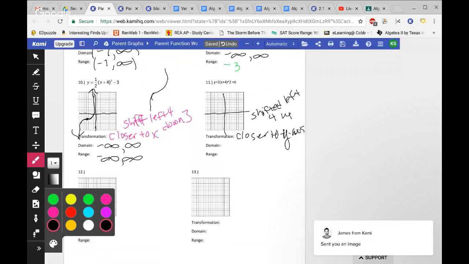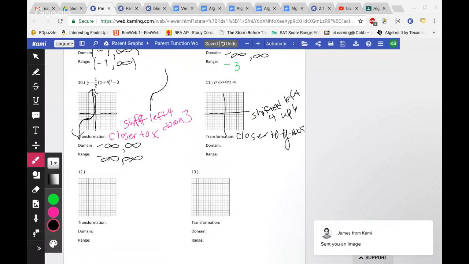And then up 6. Up 6. Good job. So left 4, up 6, and it's going to be skinnier.